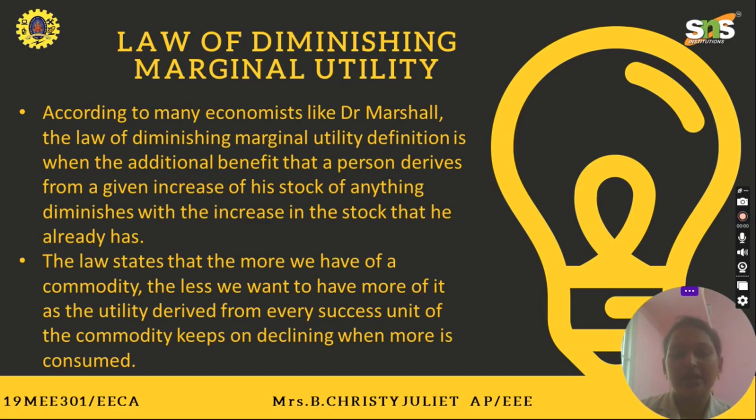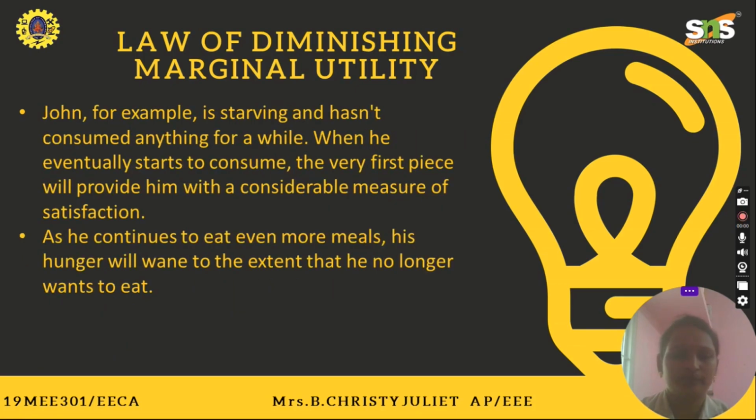So the additional benefit that a person derives from a given increase of his stock of anything diminishes with the increase in the stock that he already has. This law states that the more we have of a commodity, the less we want more of it, as the utility derived from every successive unit keeps declining when more is consumed. For example, let's take John, or you can replace it with whatever name, or consider yourself as an example.